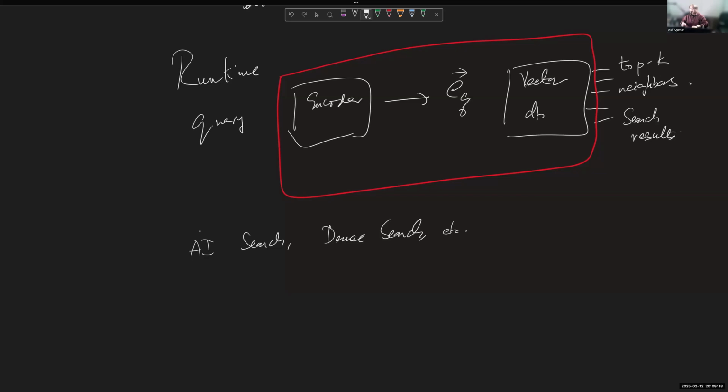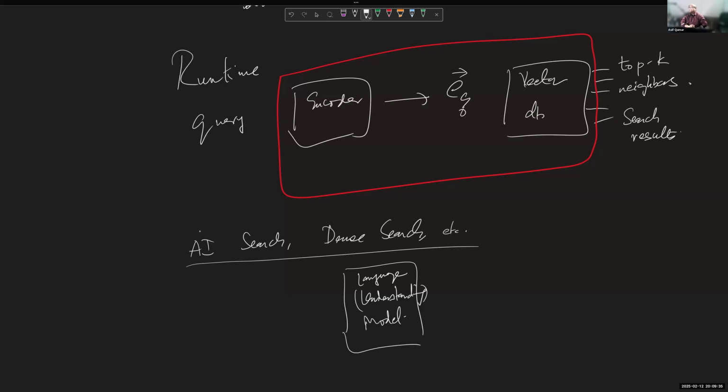Now I'll bring up something more fun that you can do with vectors. Because you have language understanding models, or just language models, that act upon your text and produce the vectors. Here's an interesting thought.